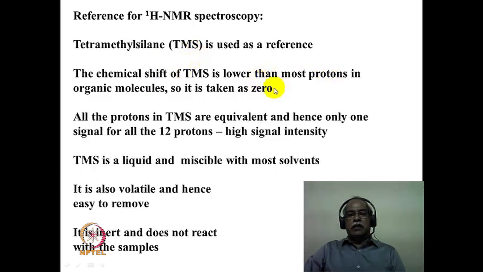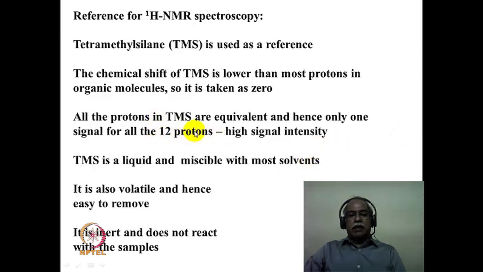So it is taken as 0 and it comes at the lowest delta value in the NMR spectrum. There are 12 protons in tetramethylsilane and all of them are equivalent. We will come to what is meant by equivalent a little later. For the time being, let us assume they are all chemically equivalent. So they give just one signal of high intensity for the 12 hydrogens in this compound.